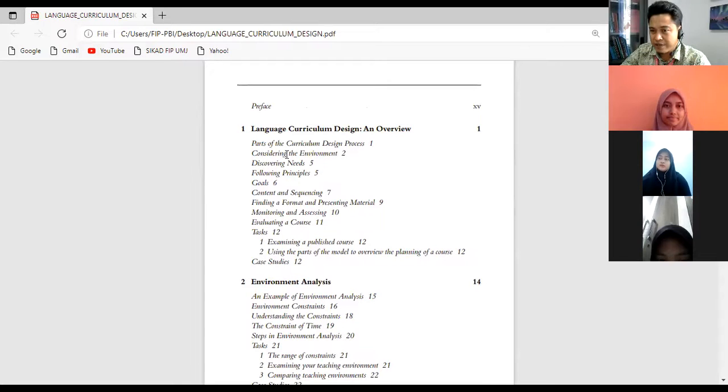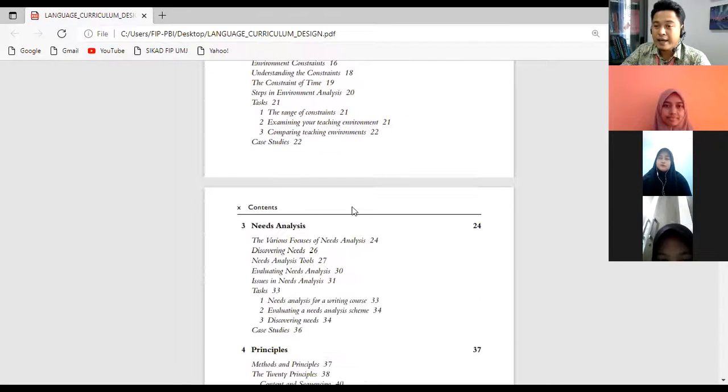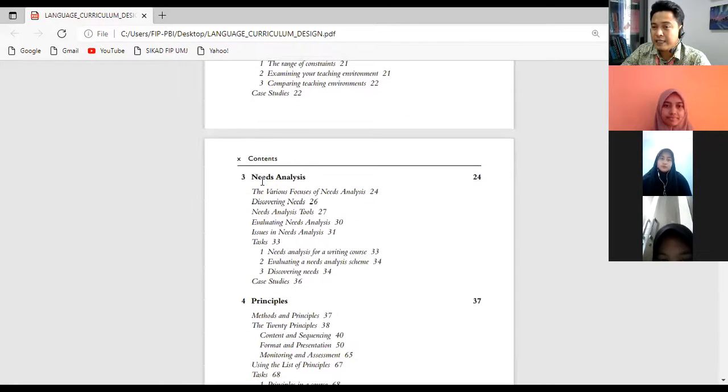From the first chapter, Language Curriculum Design: An Overview, discovering the needs itself, on our previous meeting we also discussed the environment analysis, and now it will be about needs analysis.